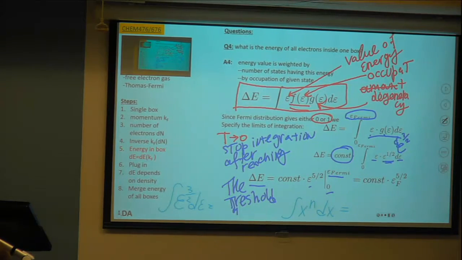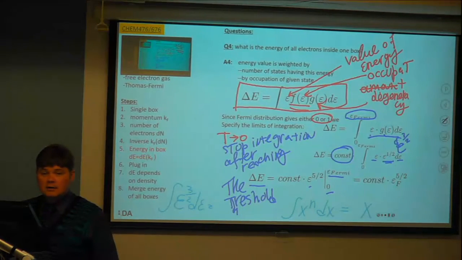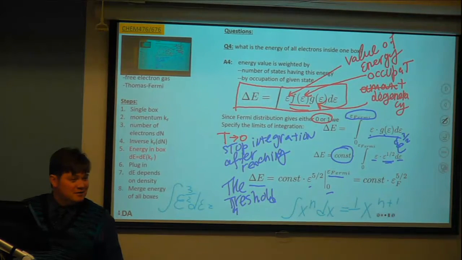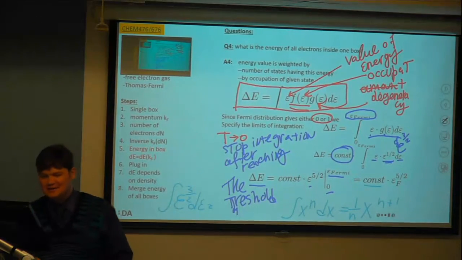It's x to the n plus 1. So x to the power n plus 1, and the factor in front is either n plus 1 or n. What is the factor in front? N. Okay. And I put everything into the constant.